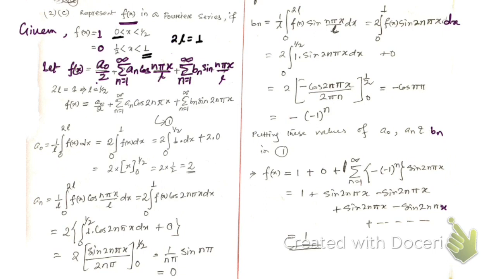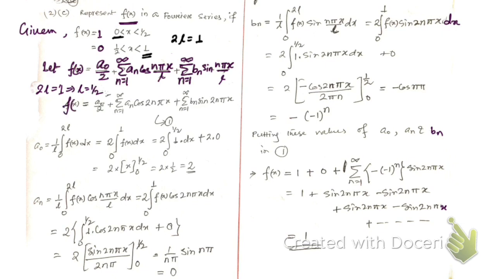And doing so, we have got twice l is equal to 1, so l is equal to half, right? That's what we have got. Now let me write this one properly. So twice l is equal to 1, so l is equal to half, right?